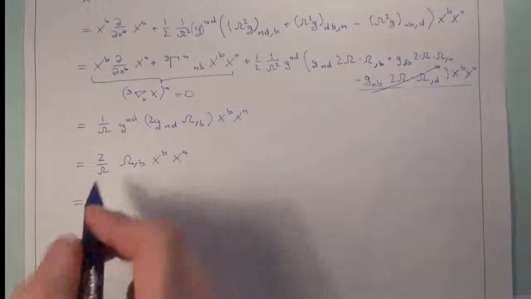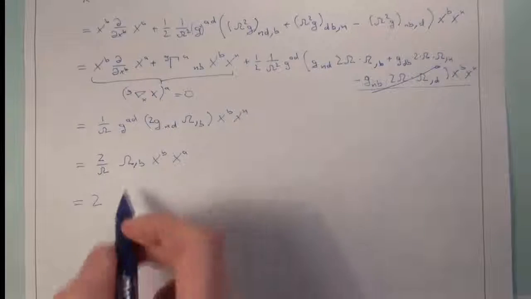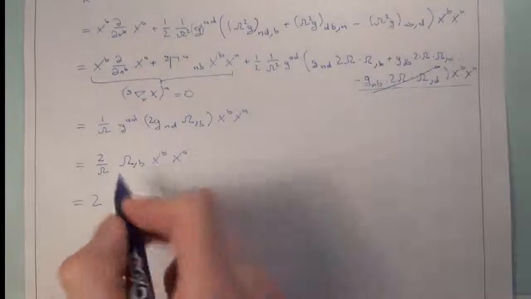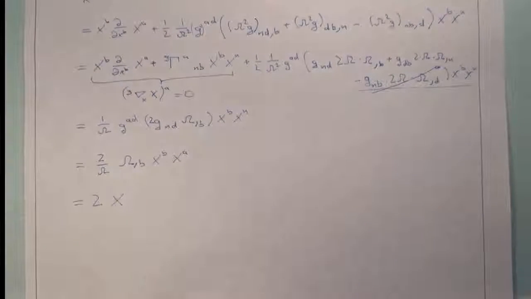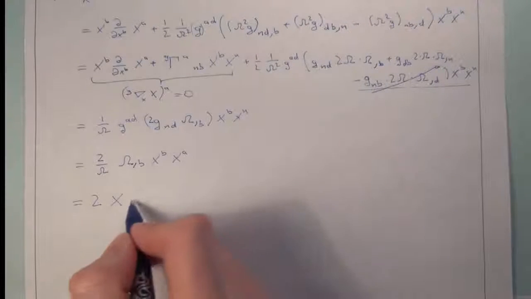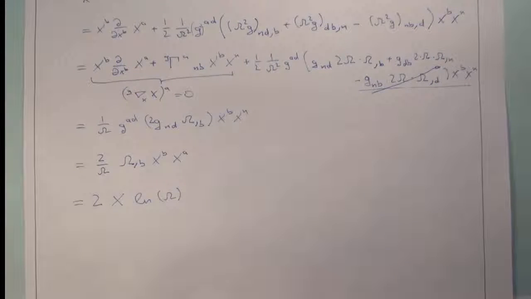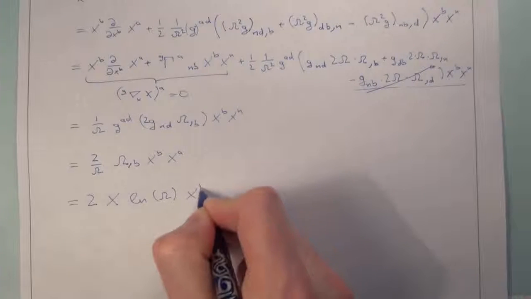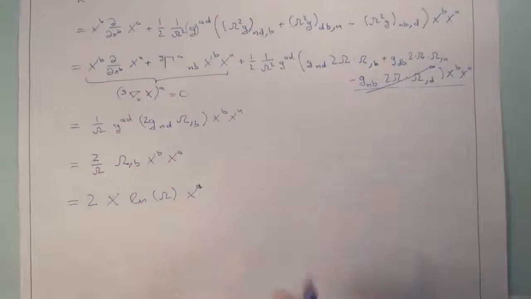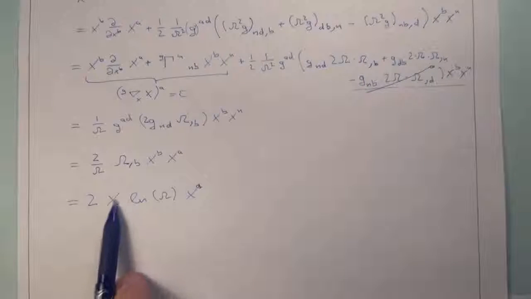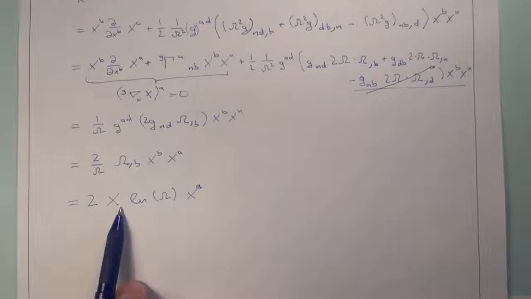One further step maybe, so we can also write this as twice the X acting on the logarithm of omega, and then this whole thing times XA, because the X acts as a derivative.